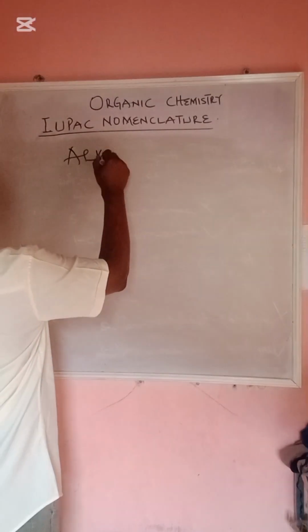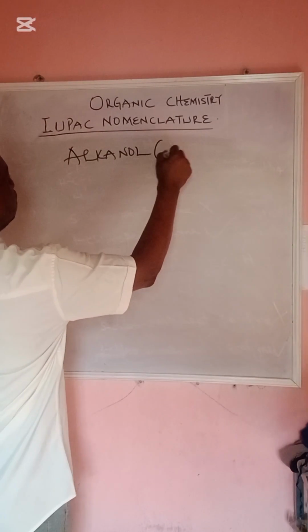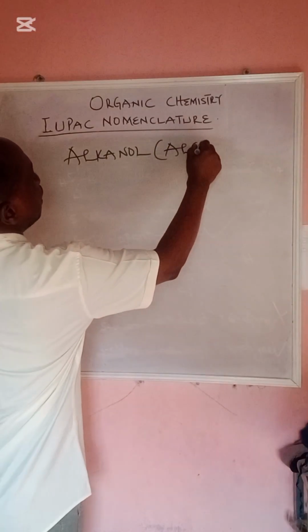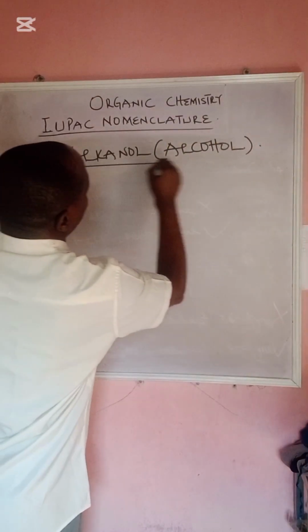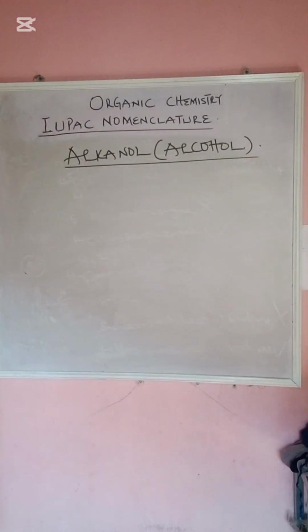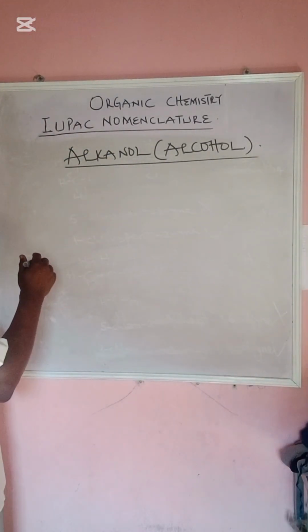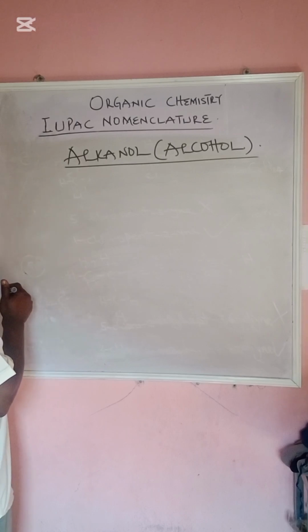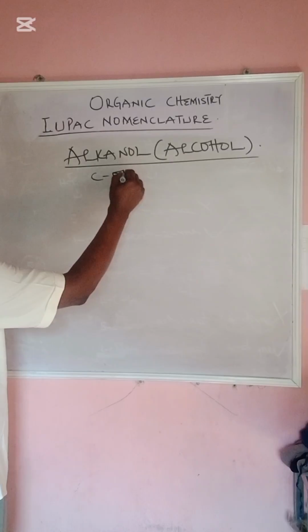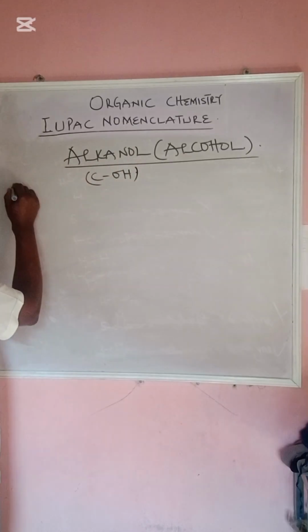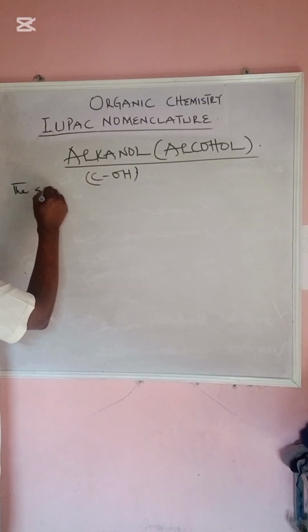Alkanol, the one we call alcohol. That is our next topic, naming and IUPAC nomenclature of alkanol. You know the functional group, still remember OH, the functional group, and the general formula.